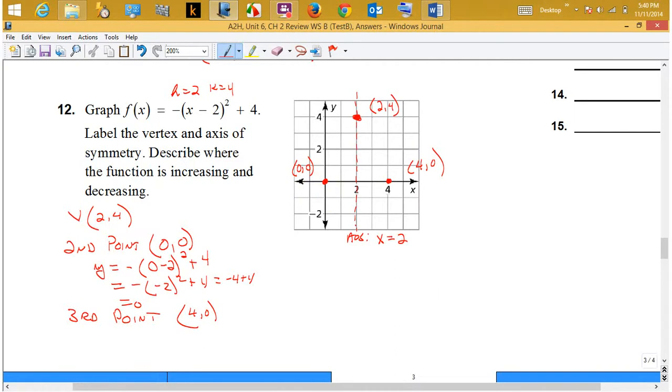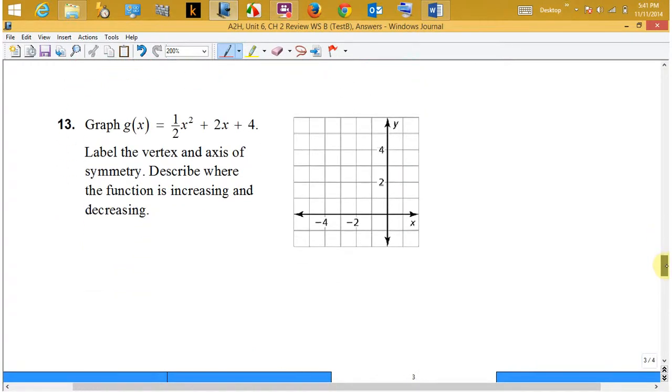Let's go ahead and draw it. And that's my parabola. Just to get practice, the domain would be all reals. And the range would be all real numbers less than or equal to 4. So we would write that coming from negative infinity and going up to positive 4.